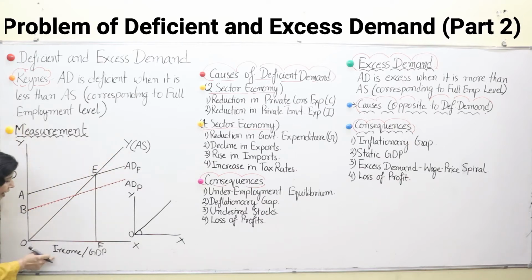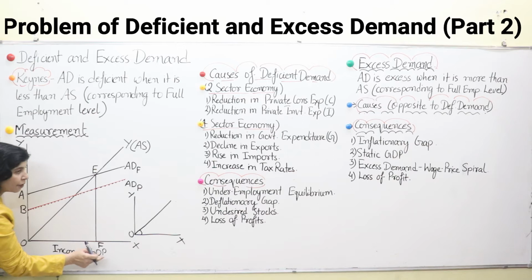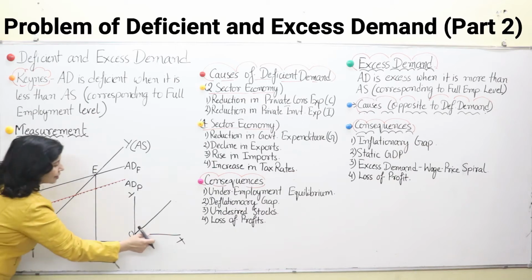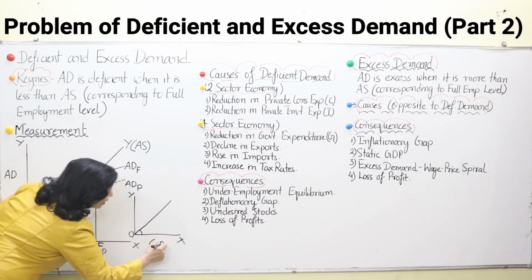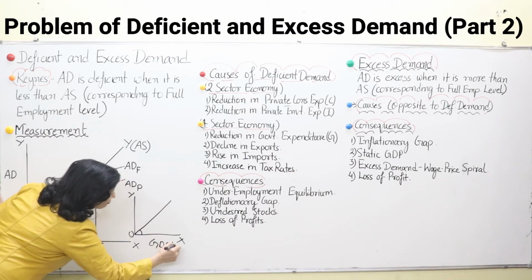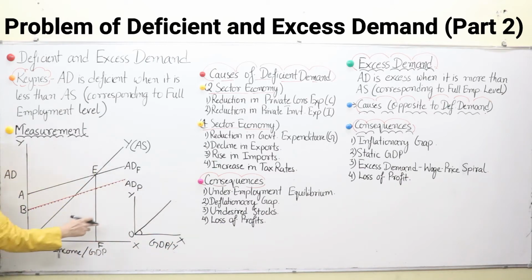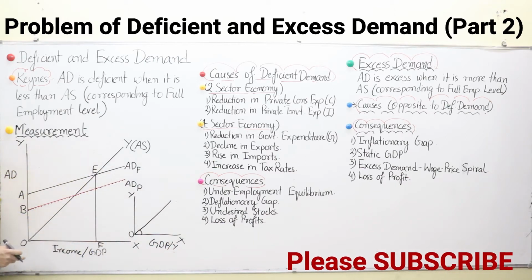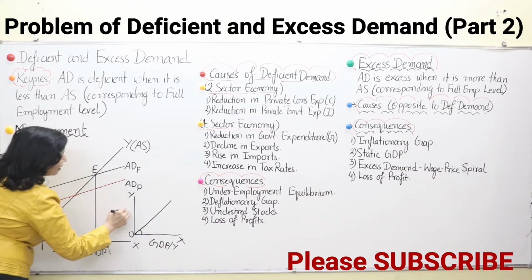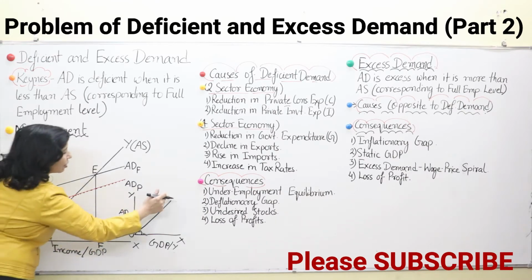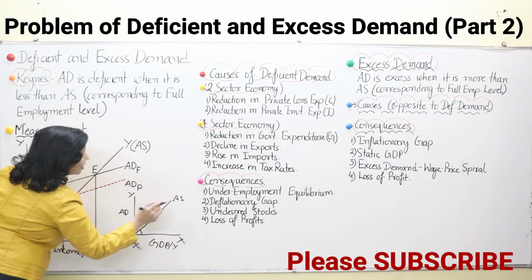We have taken income or GDP, gross domestic product, on the OX axis. We use Y for income. Then on the OY axis we are measuring aggregate demand. This is your aggregate supply curve. Up till now it is very simple.